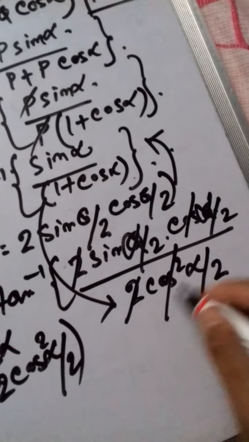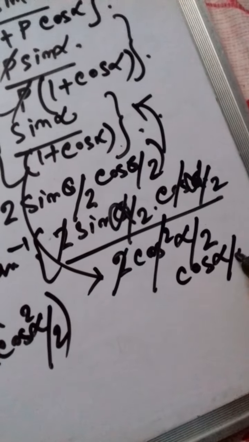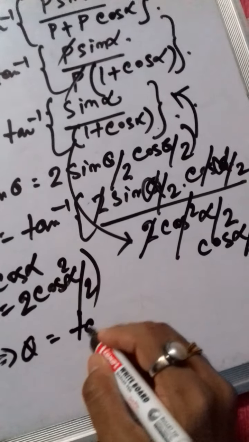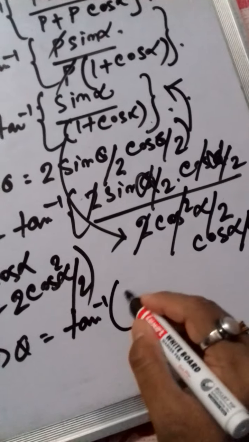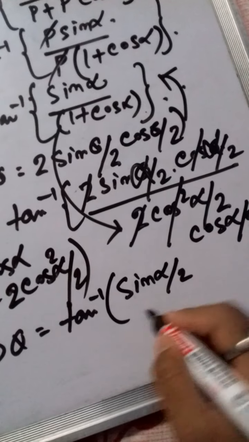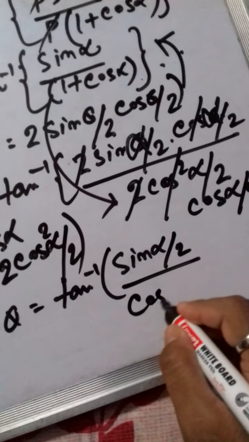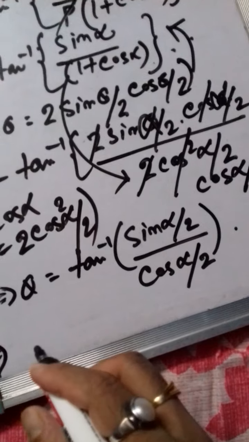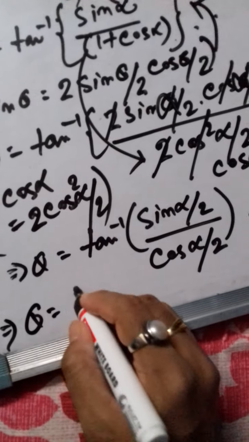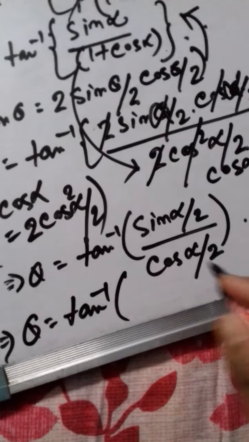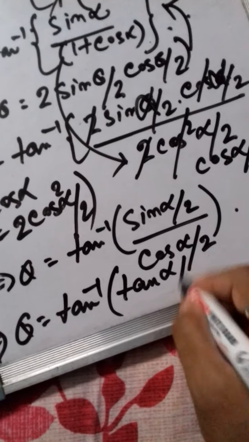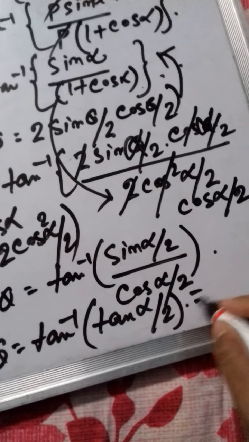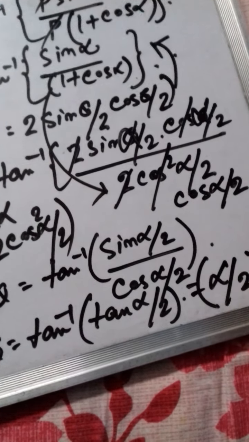So one cos alpha by 2 will get cancelled out, so theta is equal to tan inverse of sine alpha by 2 divided by cos alpha by 2. We know that sine by cos is equal to tan, right? So theta is equal to tan inverse of tan alpha by 2. So tan inverse of tan alpha by 2 is equal to alpha by 2.